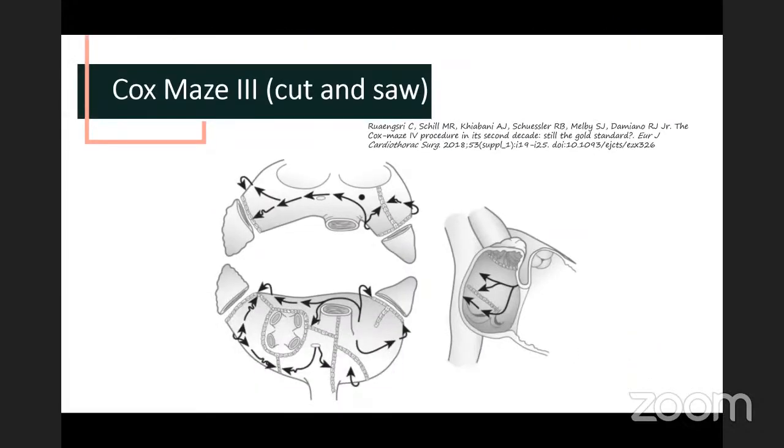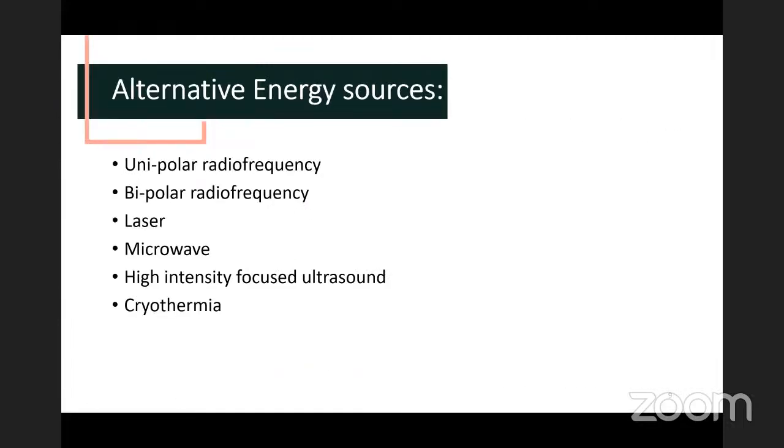So this is a diagram showing the Cox-Maze 3 procedure using the cut and sew technique. See how they used to do it. They used to cut the atrial tissue and then sew it again to produce the lesions to break these currents of AFib. But when we advanced in technology and found alternative energy sources, we shifted the gear mainly toward radio frequency and cryothermia.